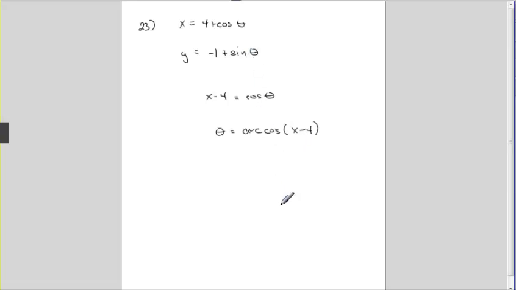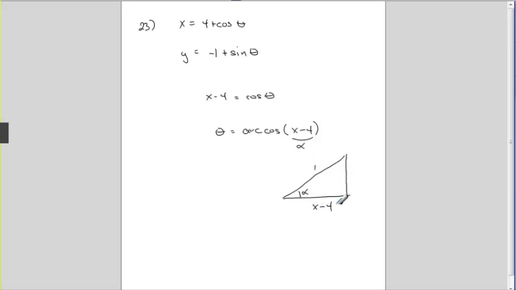So what we need is a sine of theta, so you have to draw a triangle. If we call this alpha, so this term here is alpha, and the cosine of alpha is x minus 4, then you have the adjacent over the hypotenuse.